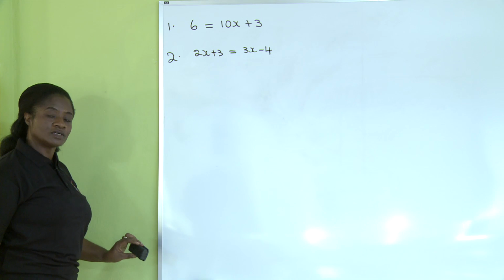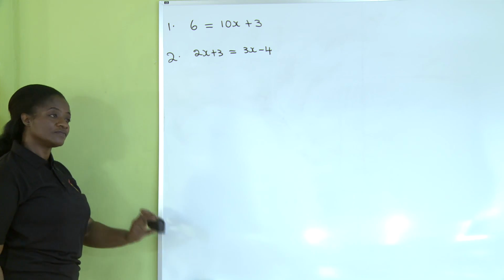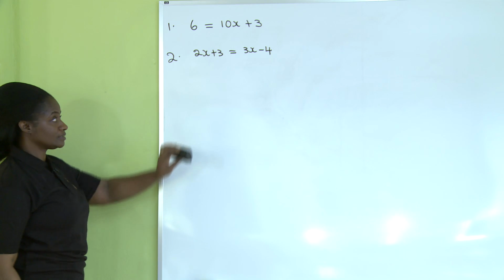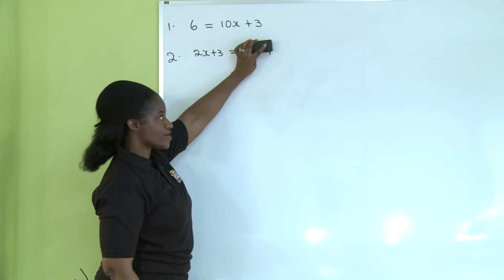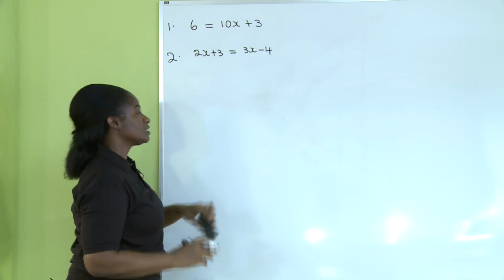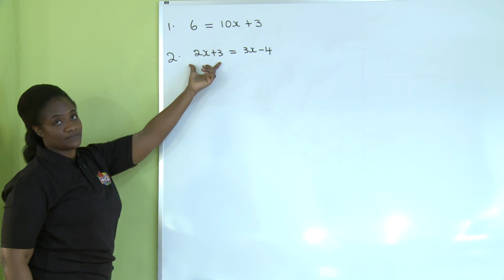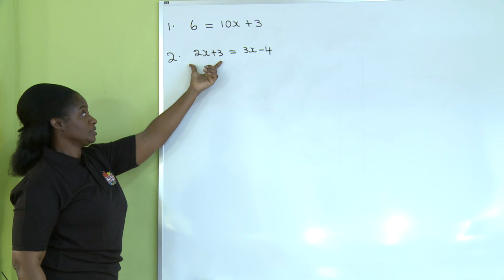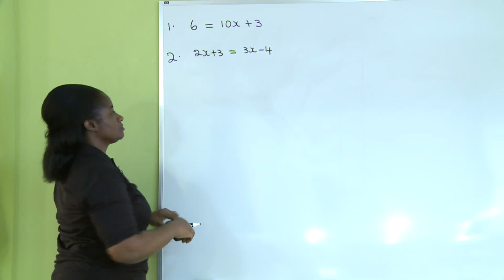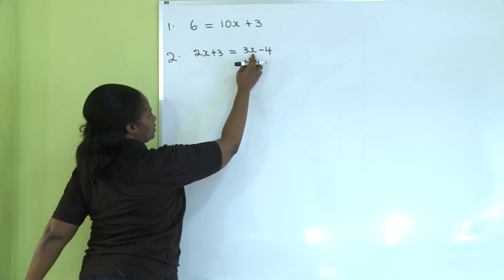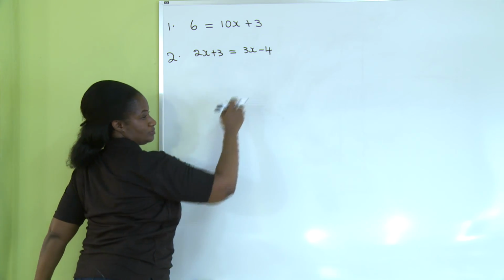First, you're going to cover the contents of the left-hand side, then cover the contents of the right-hand side. Left-hand side, right-hand side. The components of the left-hand side read 2x plus 3. The right-hand side, 3x minus 4.